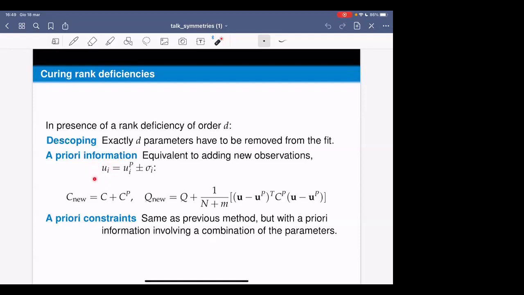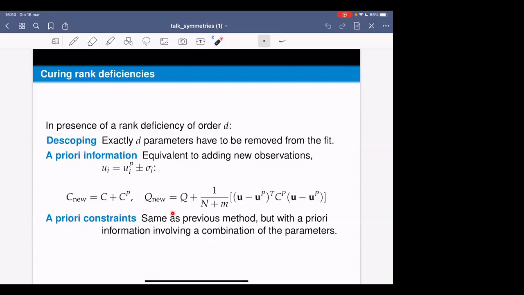So we have maybe some a priori information on parameter u_i with a certain uncertainty. We can modify the normal matrix by adding a new piece of normal matrix, which includes basically the inverse of the squares of these uncertainties.